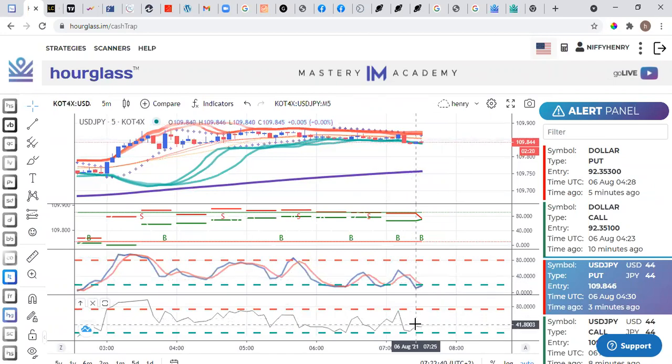So when you see the lines crossing down, this green line at the base crossing the support line, then it's telling you that it has been oversold. Any moment from now, buyers will come to the market and be buying. It will go up.